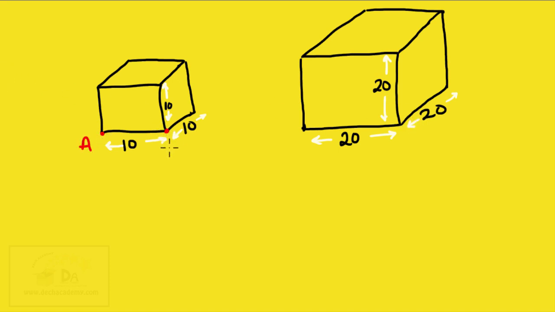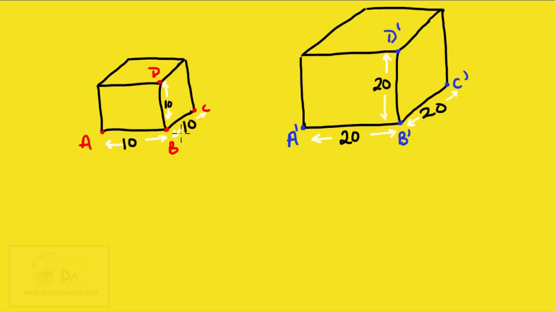I'll call this vertex B, this vertex C, this vertex D. And for the second cube, call this vertex A prime, this vertex B prime, this vertex C prime, and this vertex D prime. So the corresponding sides, AB and A prime B prime, BC and B prime C prime, BD and B prime D prime, are in the same ratio as you see.